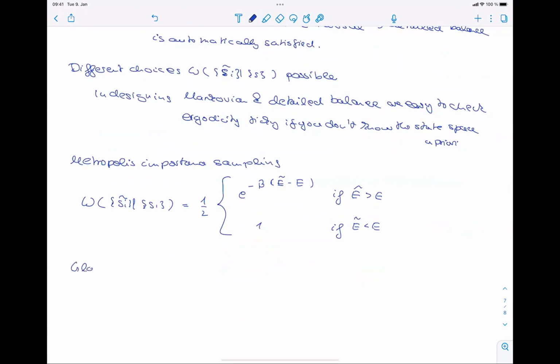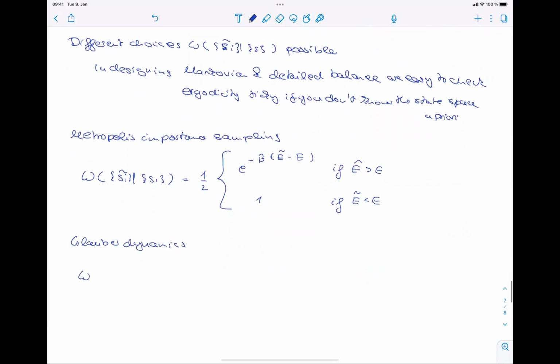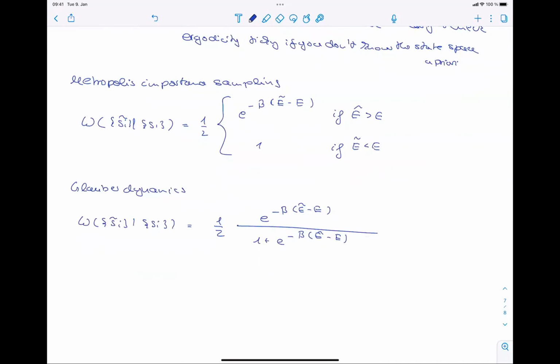And an alternative would be Glauber dynamics, where I have this being put in one formula, minus beta E tilde minus E. And so the standard one, at least for me, would be the Metropolis importance sampling.